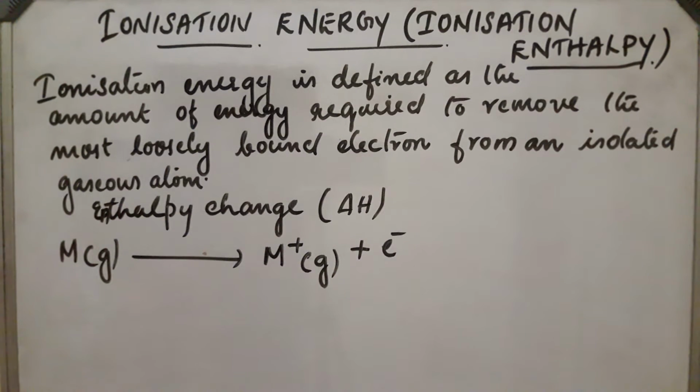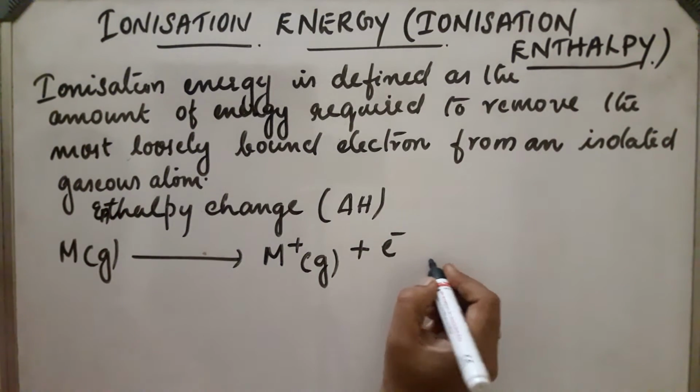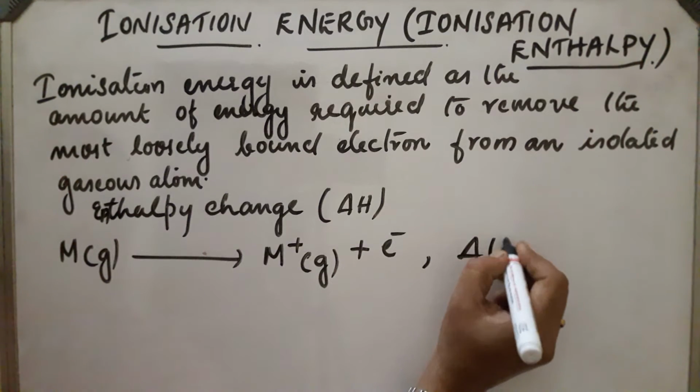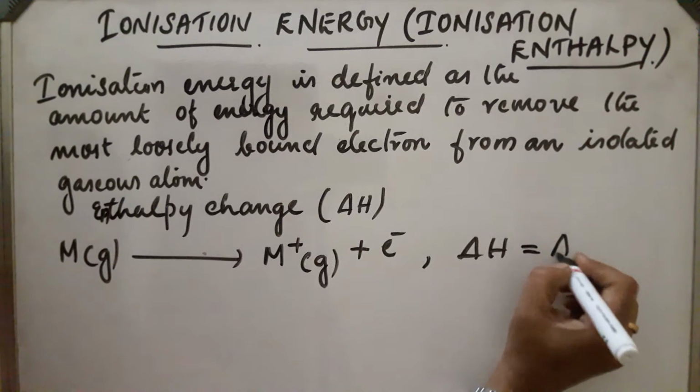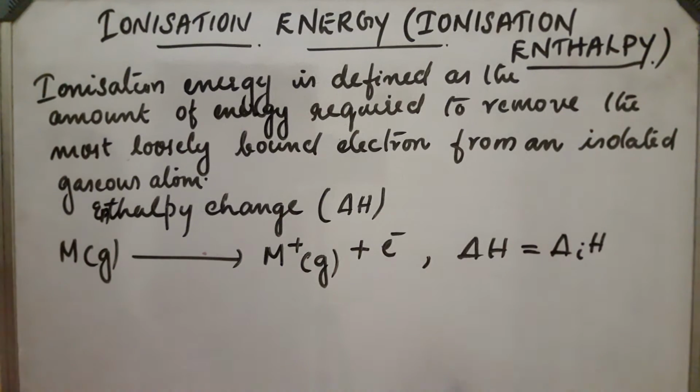The loosely bound electron is removed. The energy needed, the enthalpy change, will be equal to delta IH, which is the ionization enthalpy.